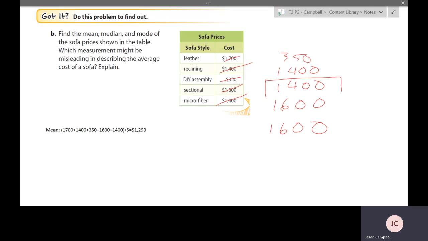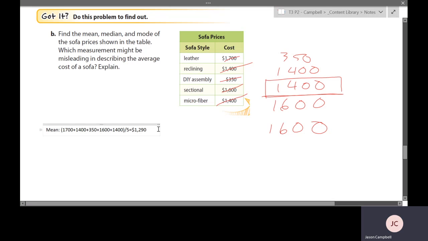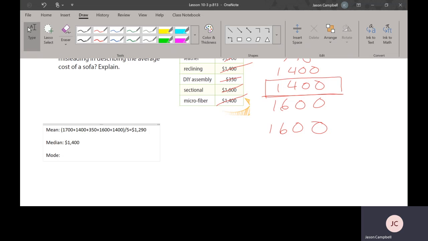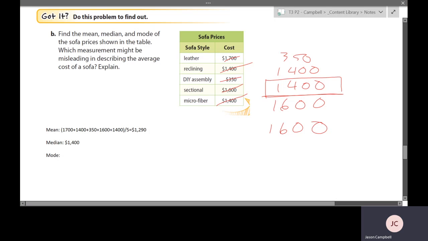So the number in the middle would be the 1,400. That's our median. And the mode is the number that appears the most often. Well, the only number that's in here 2 times is 1,400. So the mode is also 1,400.